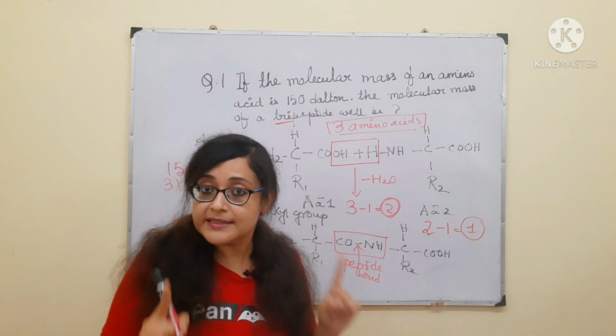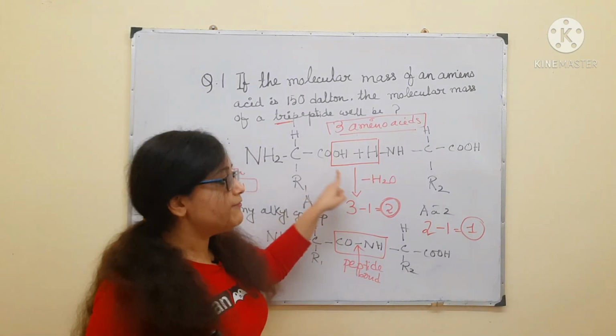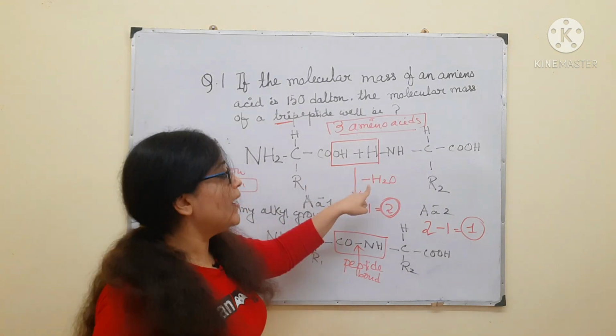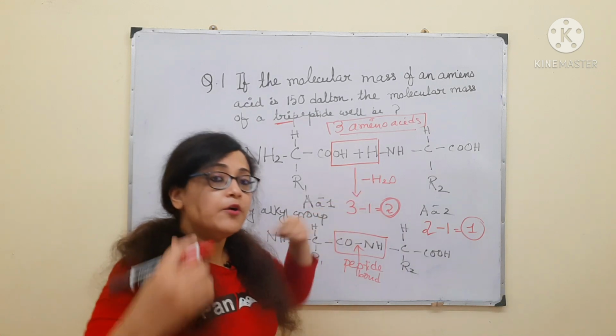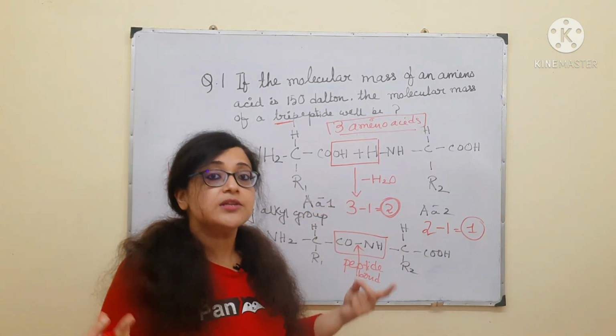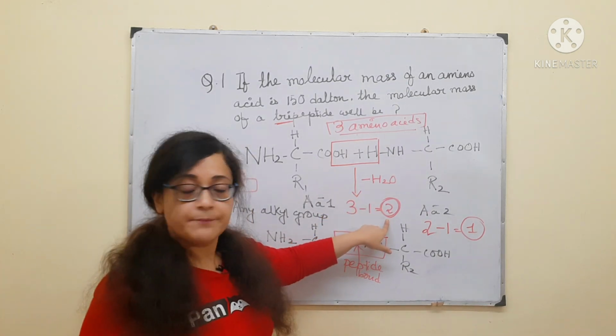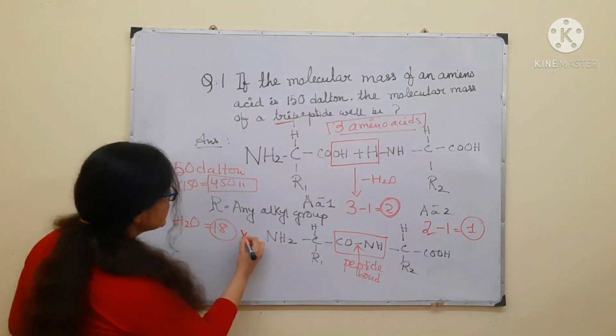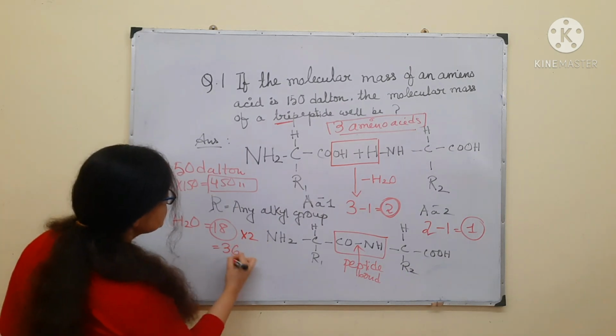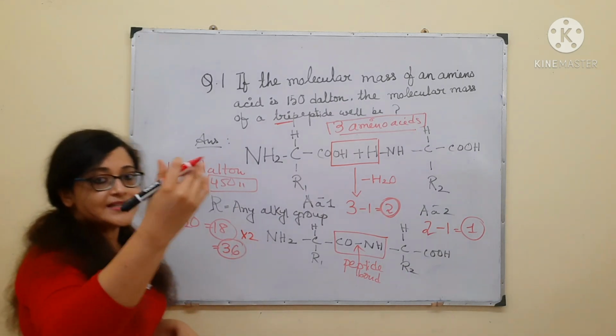See, I think this is clear that while forming a single peptide bond, one H2O was released. Now, if we talk about the formation of 2 peptide bonds, 2 water molecules will be released, right? So, 2 water molecules means 18 into 2, that is 36. So, what is the answer?